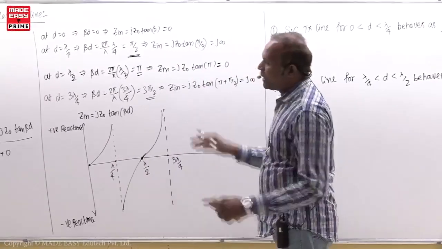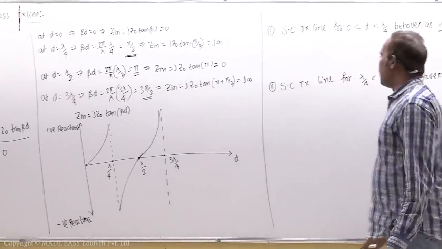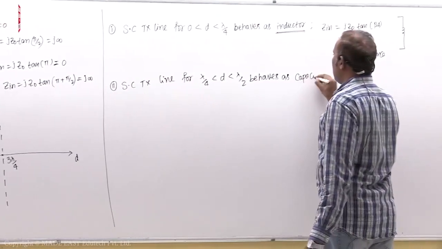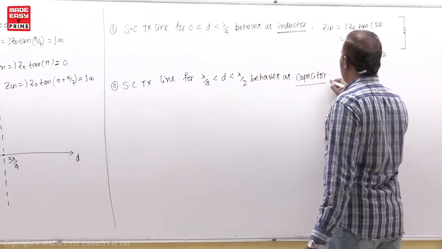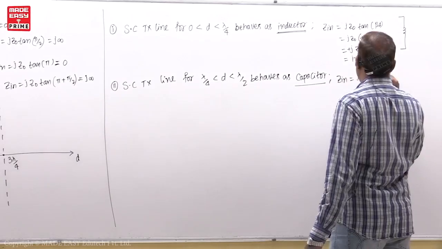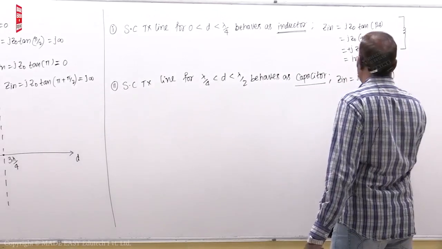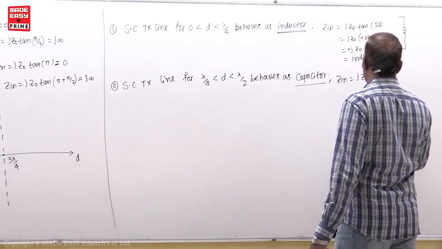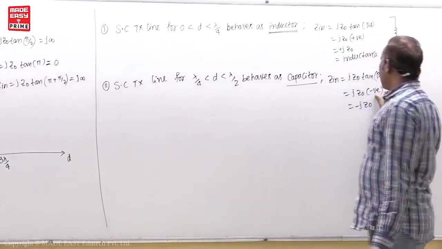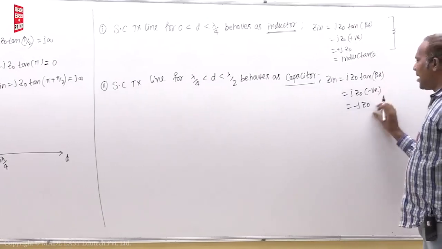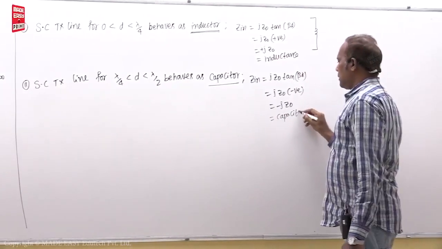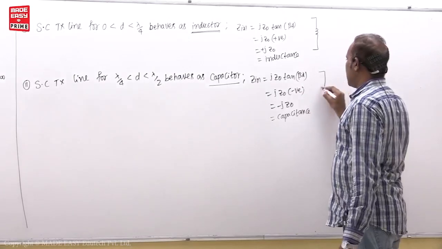The input impedance is negative, so the transmission line behaves as a capacitor, because Zin is jZ0 tan beta d, so ultimately jZ0 into negative, minus jZ0. I am not bothered about magnitude, student, only the sign I am taking here. So this is capacitance.